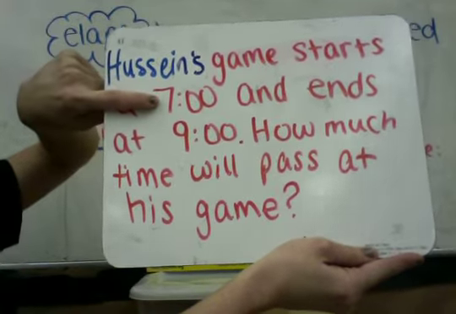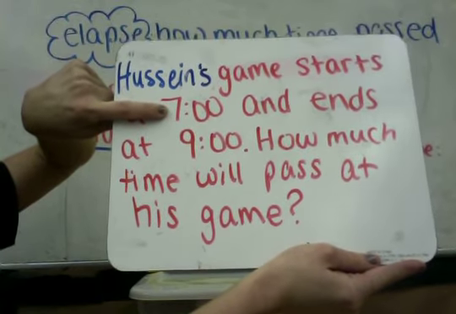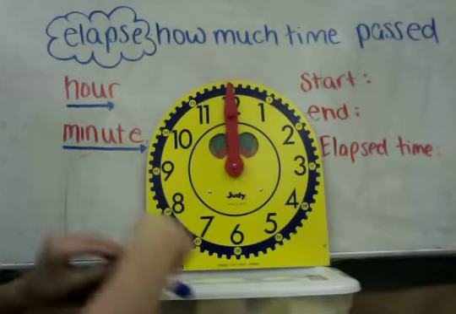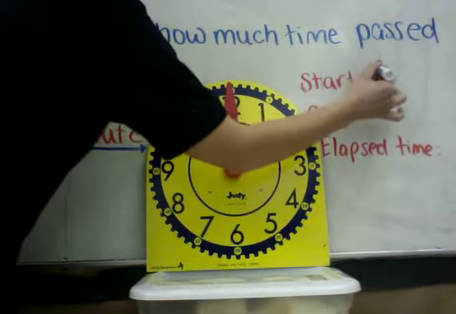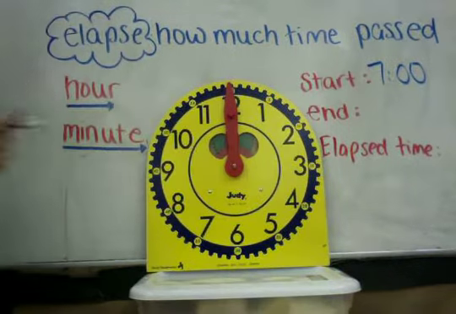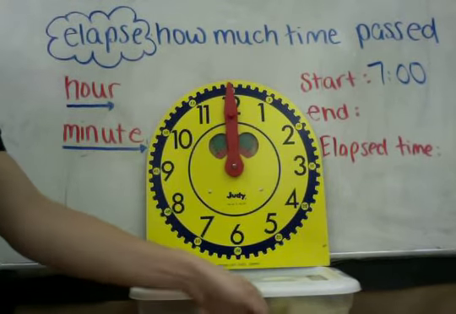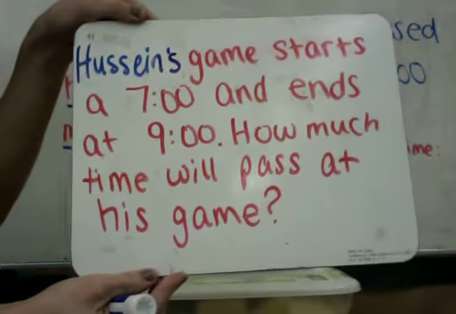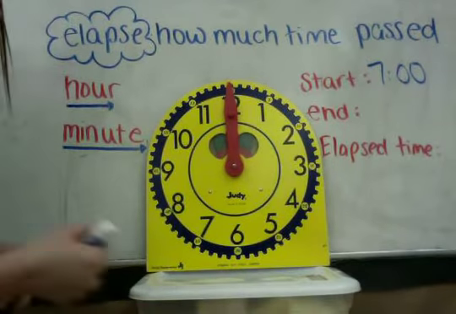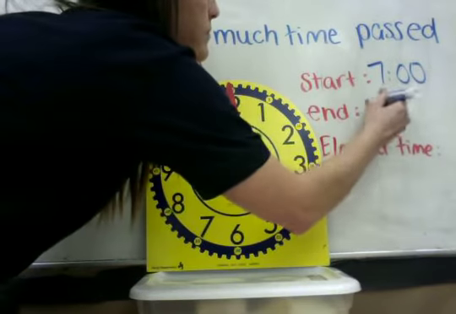Hussein's game starts at 7 o'clock. So on my board over here, I'm going to write my start time will be 7 o'clock. And his game will end at 9 o'clock. So I'm going to put my ending time as well.